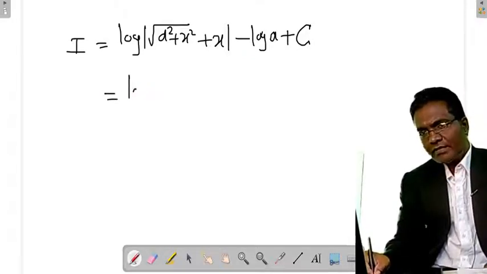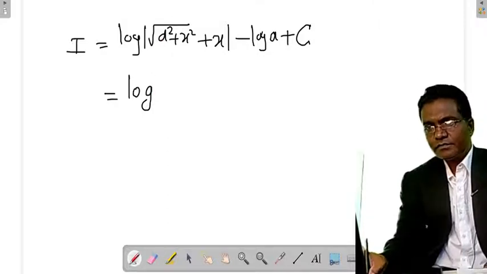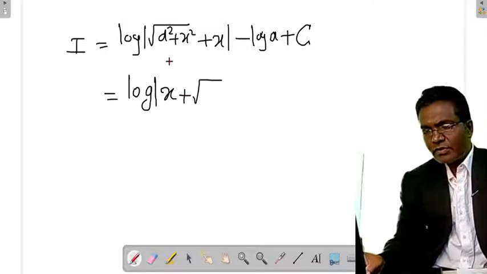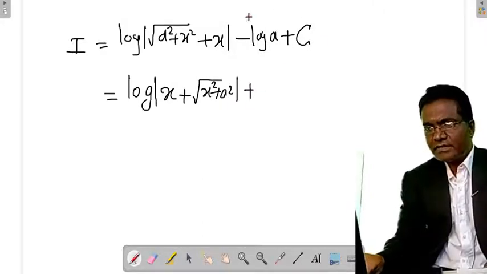So I can write it in a more standard form, log of x plus square root of x square plus a square, plus a constant.